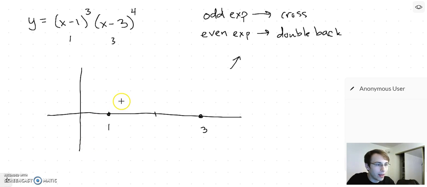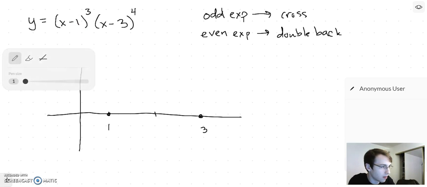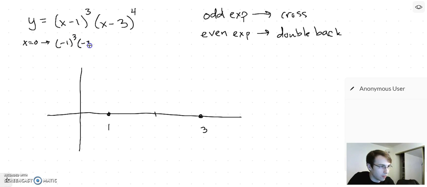But why does it work that way? Why does an odd exponent cause it to cross? Why does an even exponent cause it to double back? To do this, let's plug in points and see what happens. If we plug in 0 for x, then we get negative 1 cubed times negative 3 to the fourth.